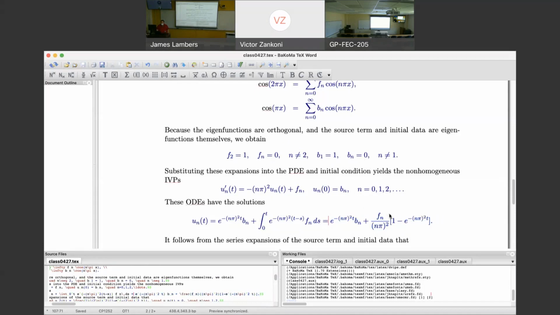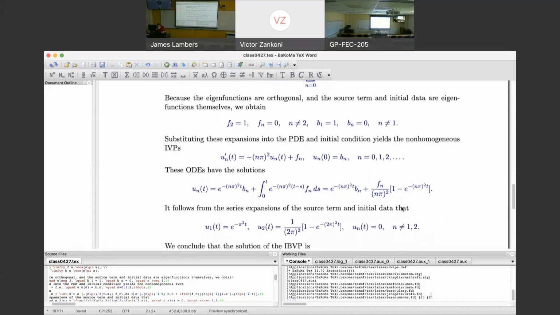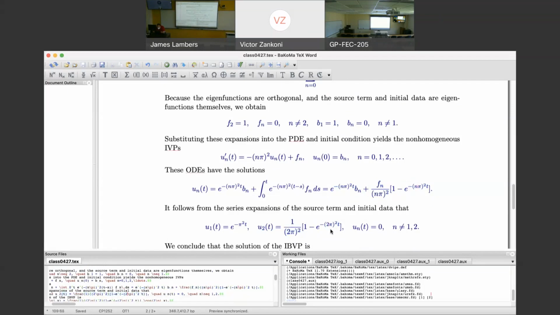When n equals 1 or n equals 2, then at least one of these terms will be non-zero. So here we put everything together that for n equals 1, we have b1 equal to 1 here, but f1 is 0. And then for n equal 2, we have b2 equals 0, so we don't have this term, but we do have this one. So we have the solution right here. And for all other n, both the source term and initial data are 0, so the entire solution is 0.